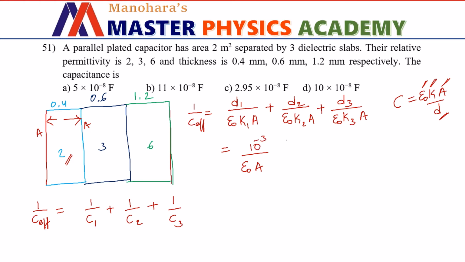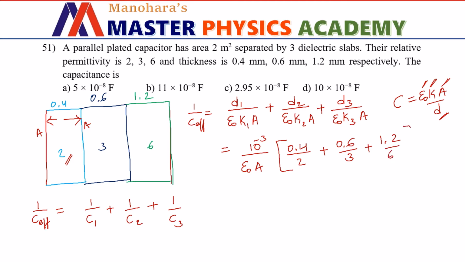So what we have left for the first term is the D1 value 0.4, with mm taken out, divided by the dielectric constant 2. For the second term, it is going to be 0.6 divided by 3. And for the third term, it is 1.2 divided by 6.